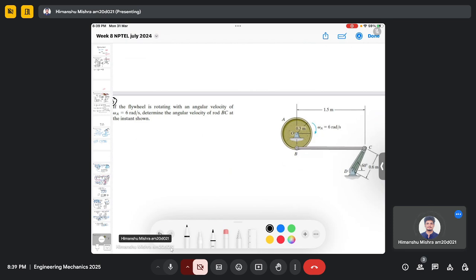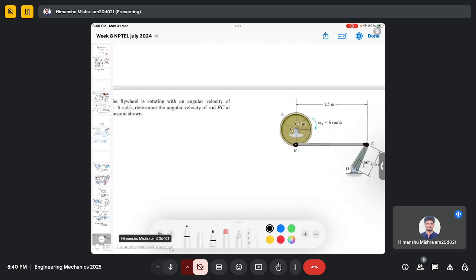So this flywheel is rotating with an angular velocity omega A. If I use the same formula between points B and C, such that my VB equals VC plus the relative velocity between the two, and my relative velocity between the two will be omega BC cross the displacement vector BC.